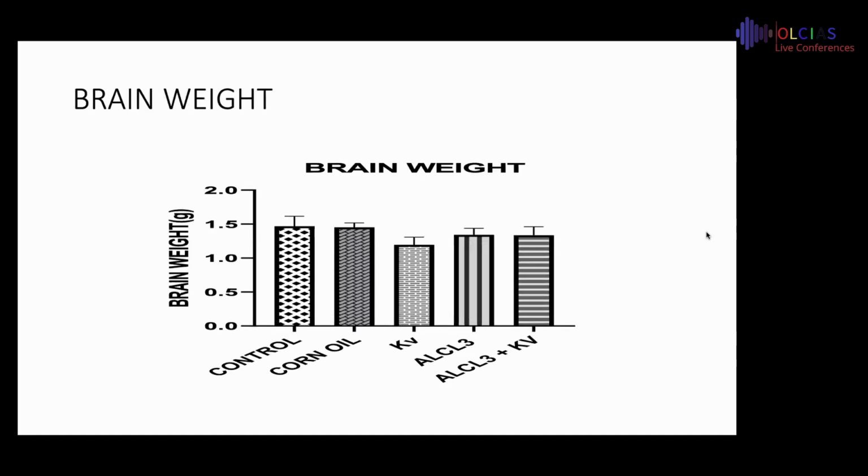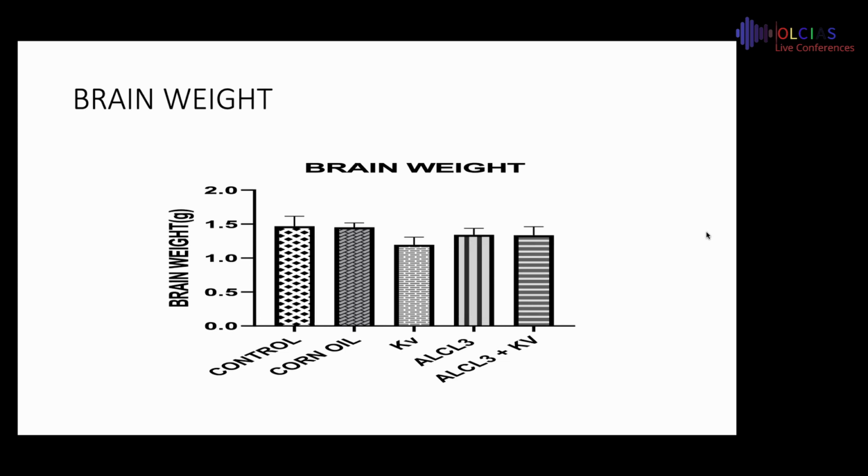So the same thing for the brain weight. With the research and studies by previous scientists, you can also see that the brain weight in the aluminum chloride group, compared to the control group, is lesser. Comparing the aluminum chloride group to the Kolaviron group, you can see that they have almost similar weight.